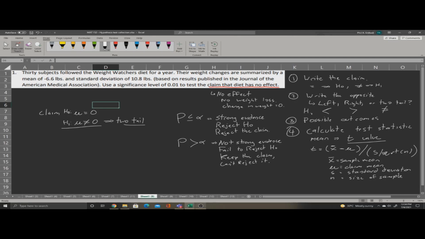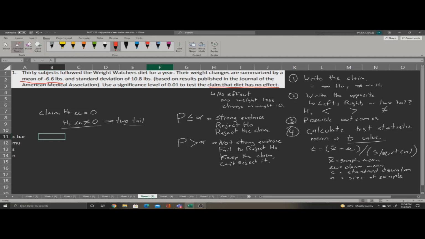Let's input this information into Excel. We'll first make a label for x bar, another label for mu, another label for standard deviation, and another for n. Now be careful here. When we actually ran this experiment, we found that there was a mean of negative 6.6.